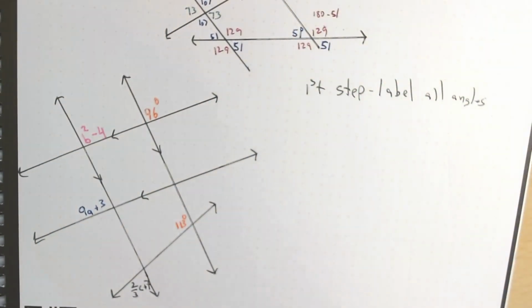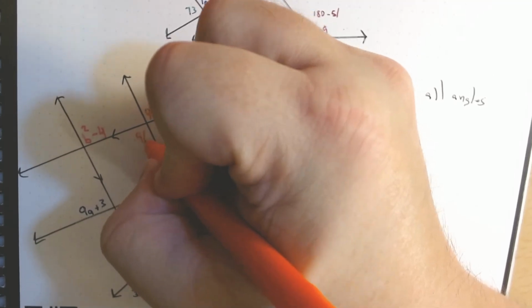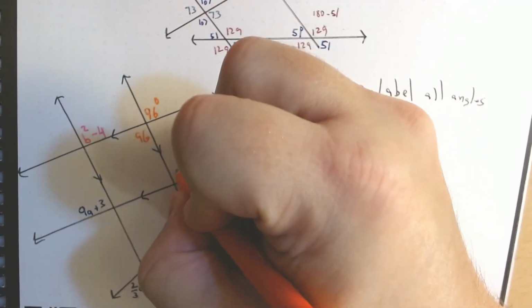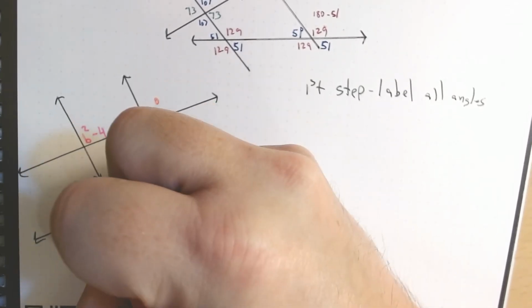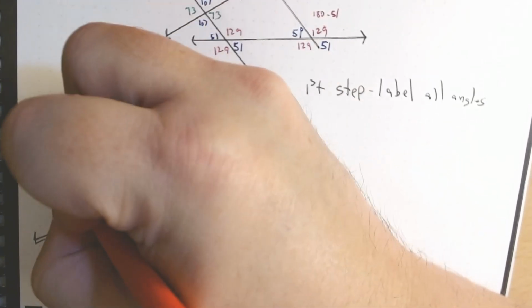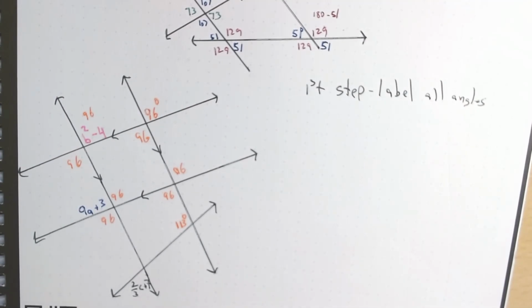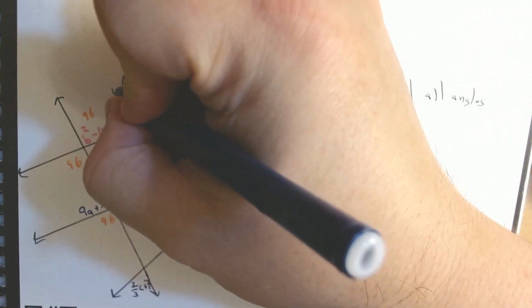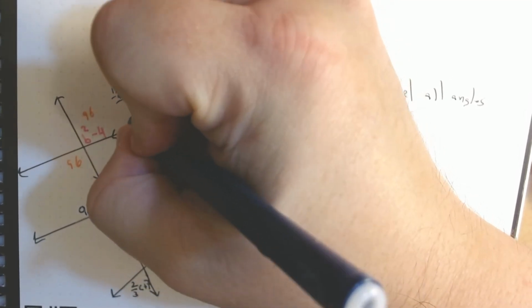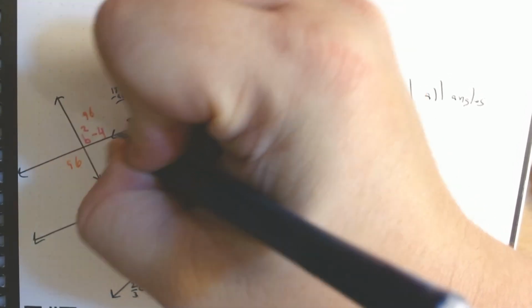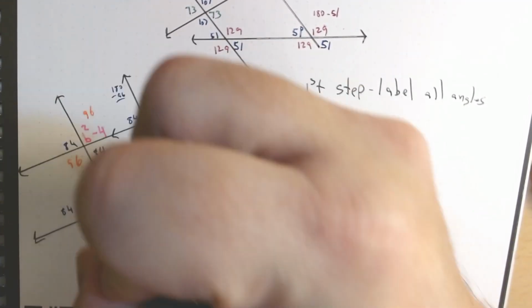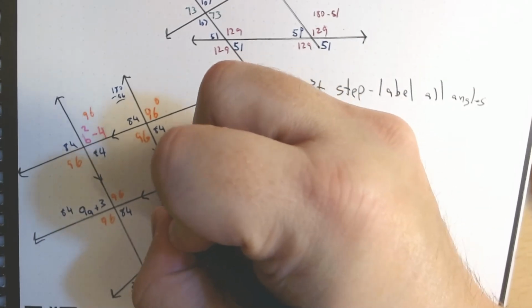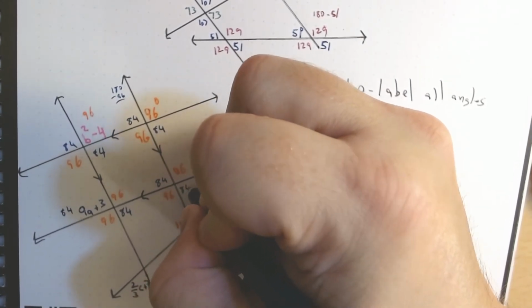So 96, this is also 96, right? 96 all around, and then let's find out what this angle will be. If you did 180 minus 96, you get 84, and all the matching angles are 84.